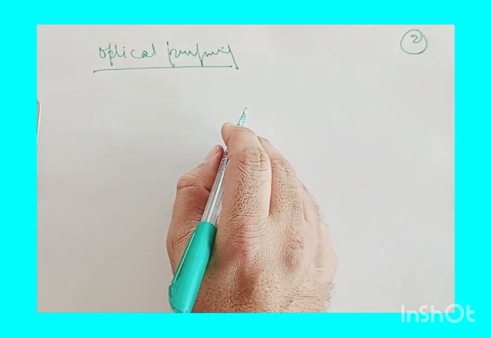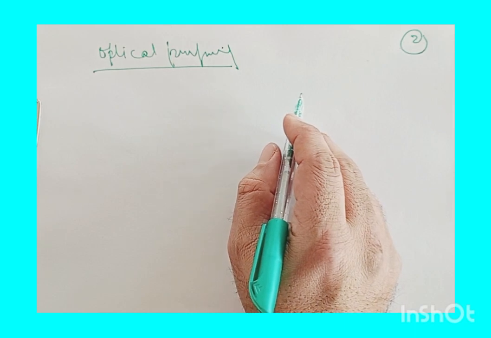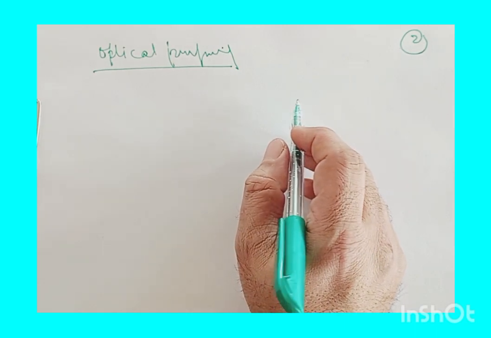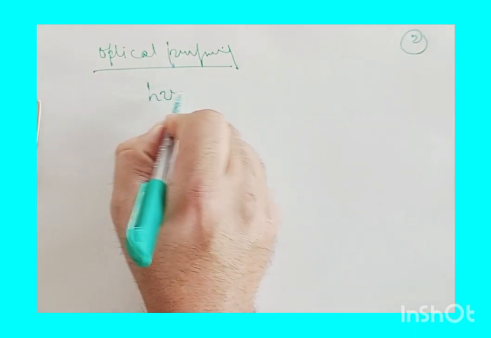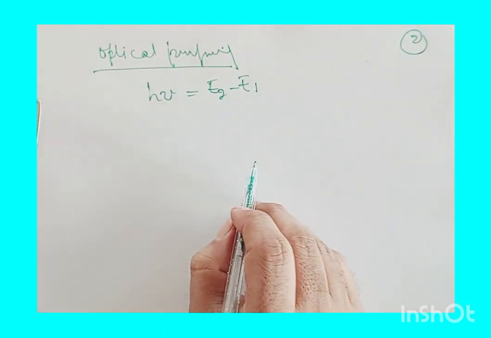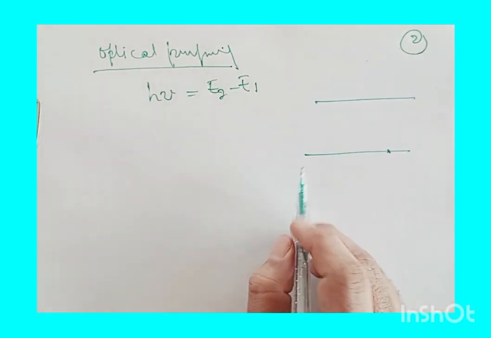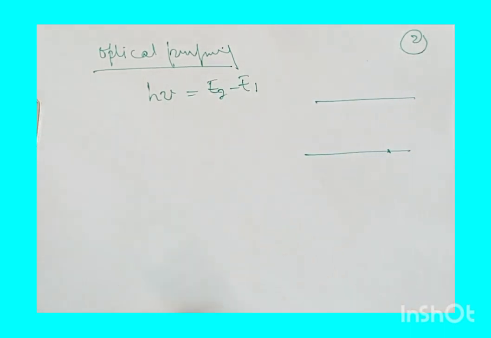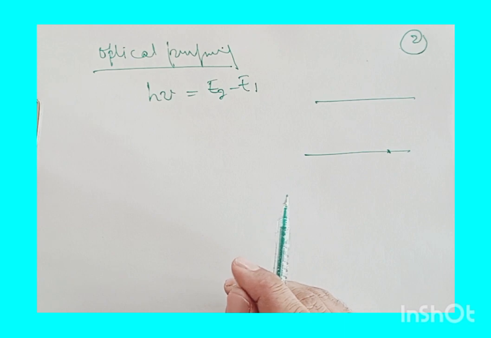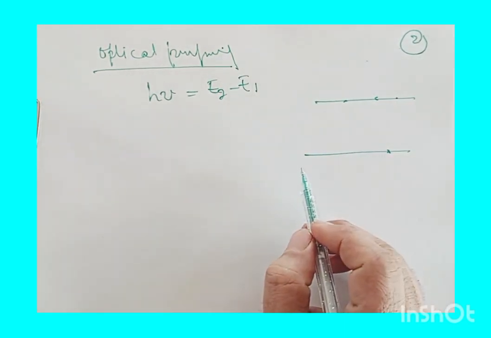In optical pumping, the material is illuminated with light of frequency nu, where h nu equals E2 minus E1. The atoms in the ground state absorb the energy of the incident photon and jump to a high energy state.